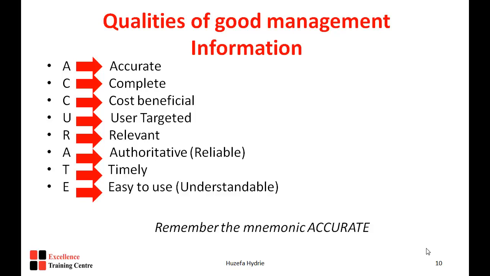User targeted. Or you can put it this way, who is your end user? Who will be using your information? So what are the three levels in the organization? Strategic level, tactical level and operational level. Three levels are there: the top level, middle level and the low level, that is the operational level.